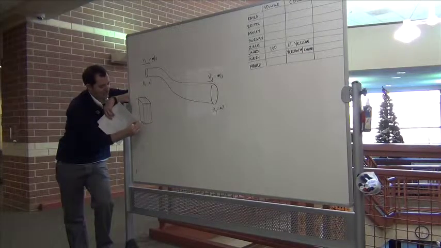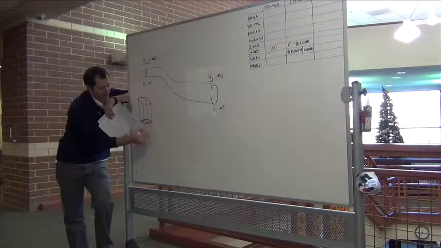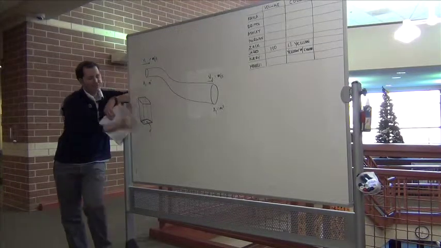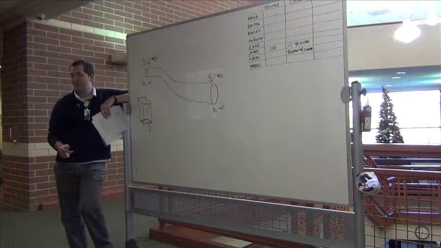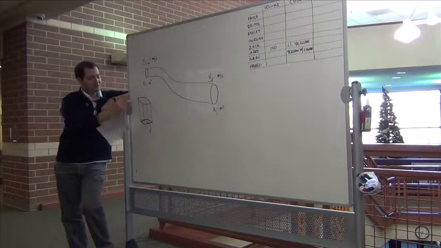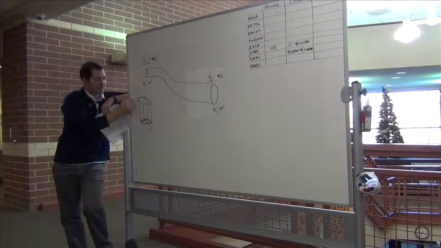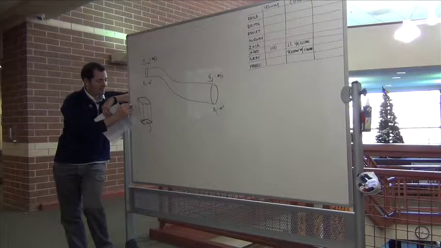So if I know the area of the bottom, what do I need to do to figure out the volume of the whole thing? I've got length times width, I need to know this, right?